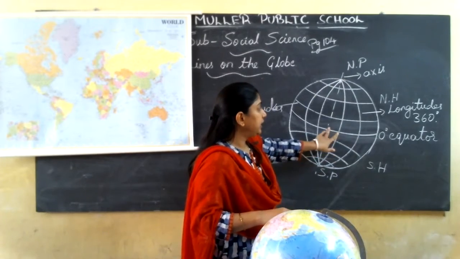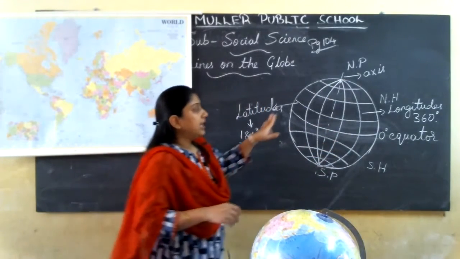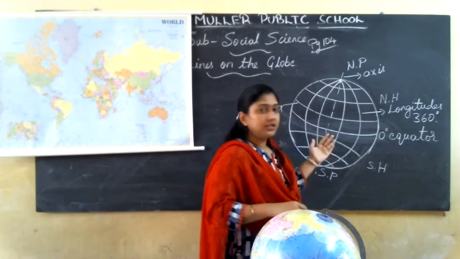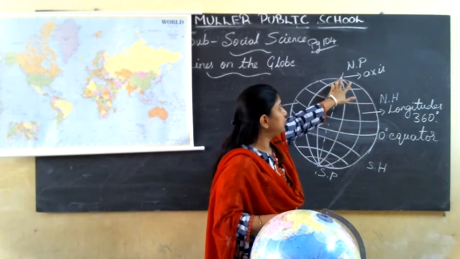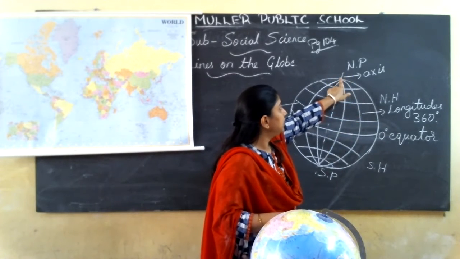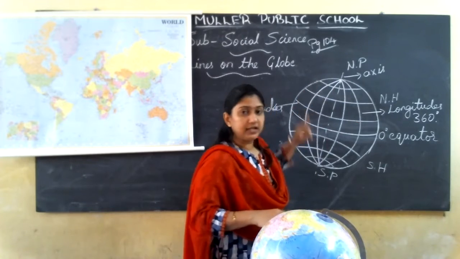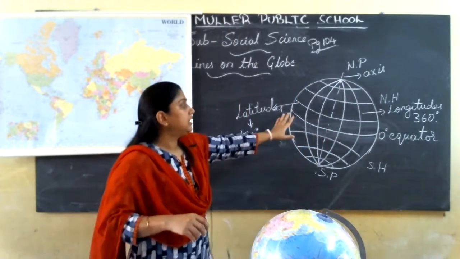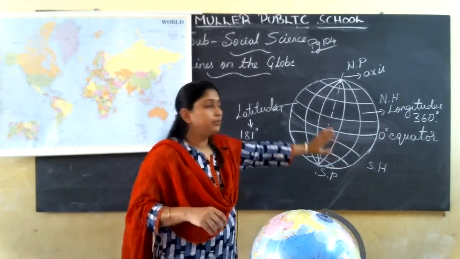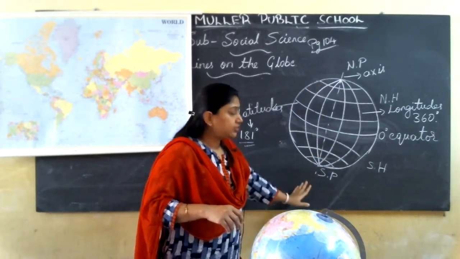Totally, including the equator, it is 181 lines. And longitudes are semicircles. They meet at the poles. The latitudes are circles, but the longitudes are semicircles.